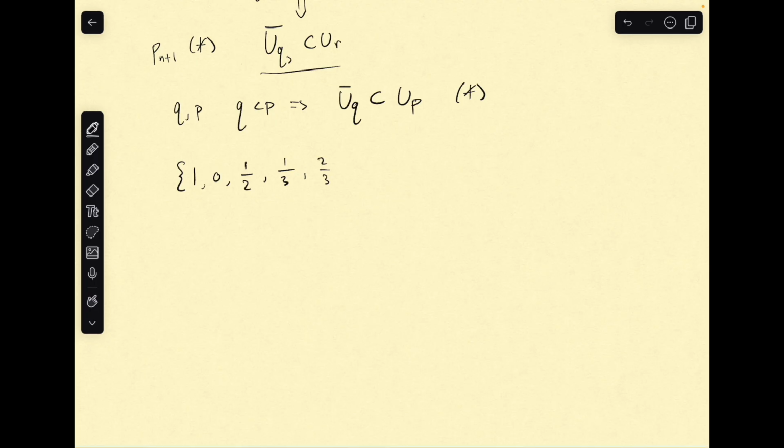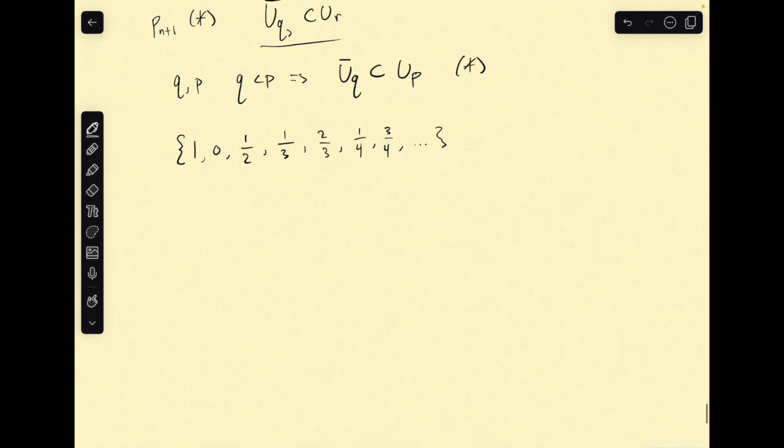And of course we can't go further, so now we go to 1/4. And 2/4 we already have, so we skip to 3/4. And if we just continue this process, we'll cover every single rational in the interval from 0 to 1. This is just to give us an idea of what our set of rationals might actually look like when we put it in bijection with the integers, so we make a sequence out of it.